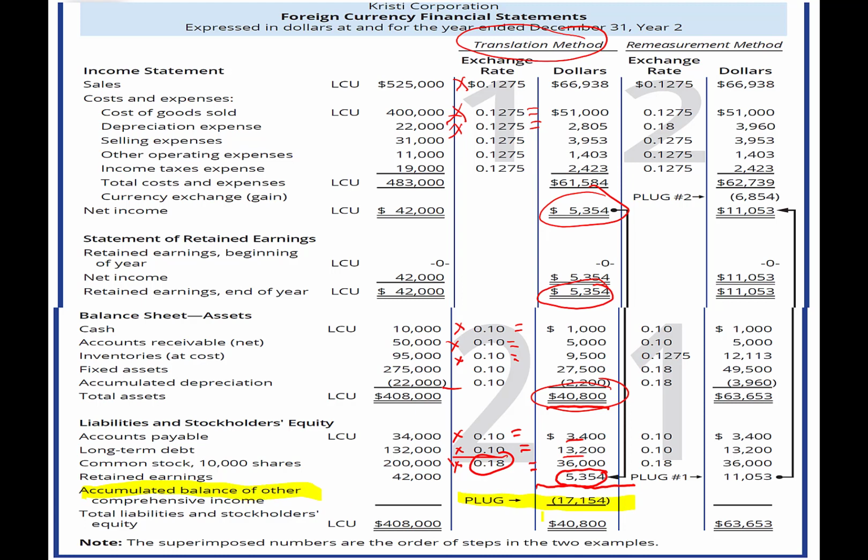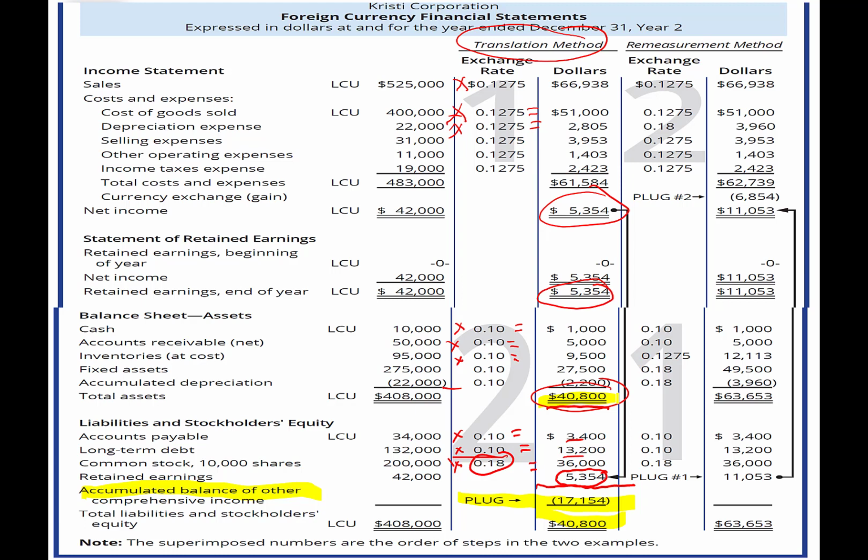And when I do, now the balance sheet balances, the accounting gods are happy, and I have completed my translation from the local / functional currency into always the reporting currency, for our purposes the US dollar.